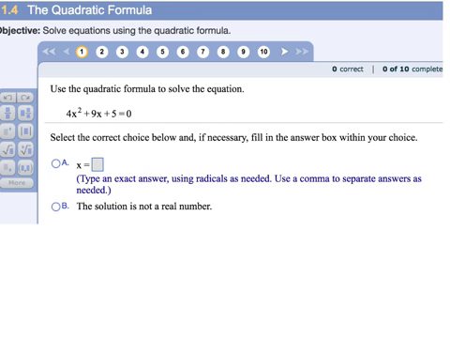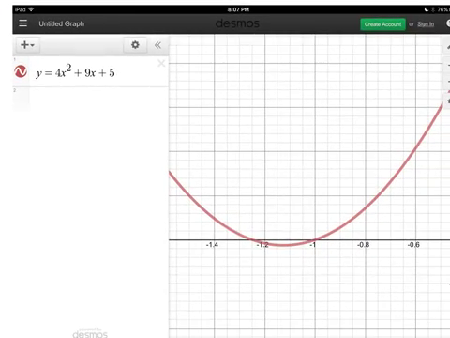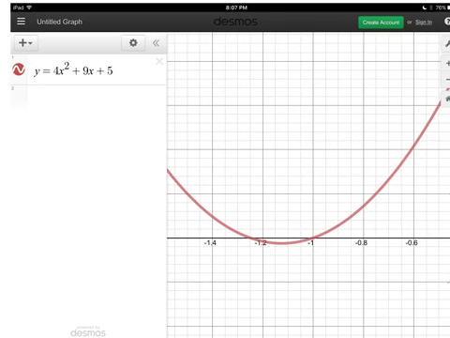Basically, anytime we've been solving the equation, what we've been trying to do is find where this graph crosses the x-axis, okay? A lot of the times we've been using Desmos, and you can see exactly where it crosses the x-axis.